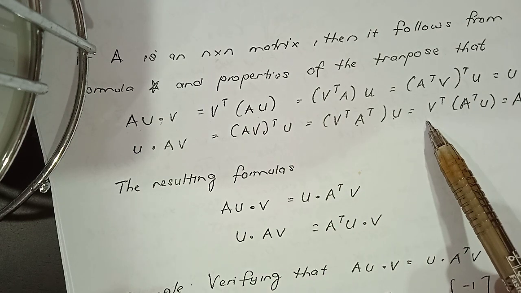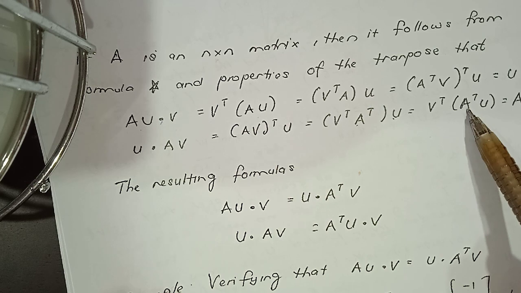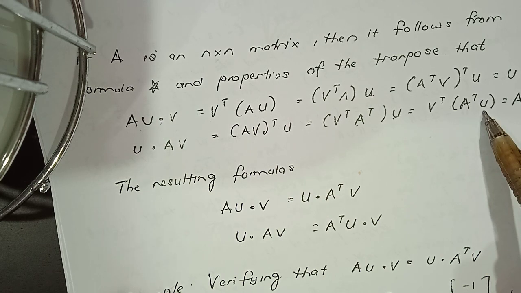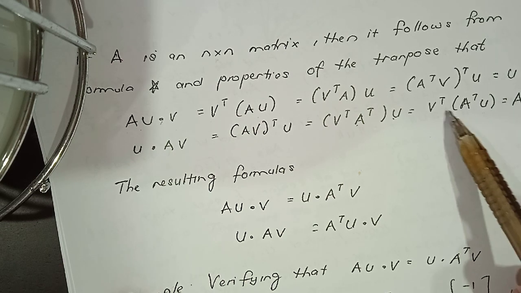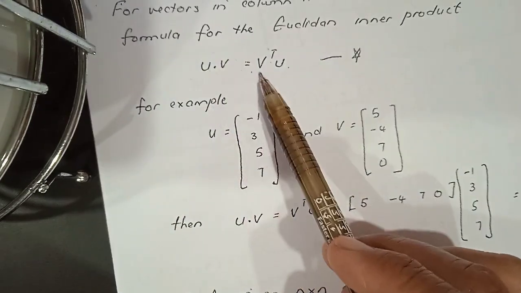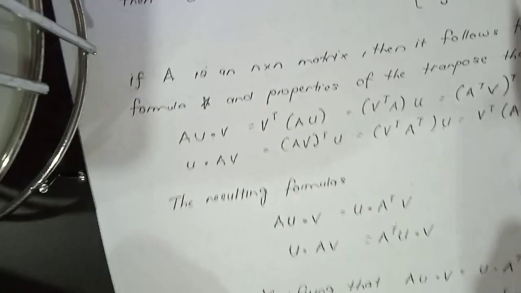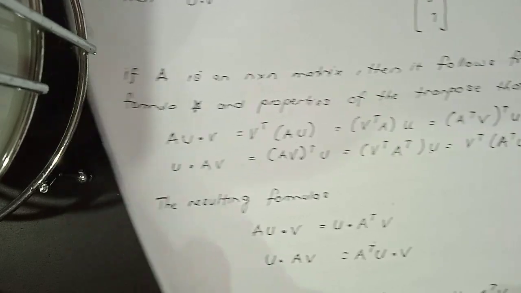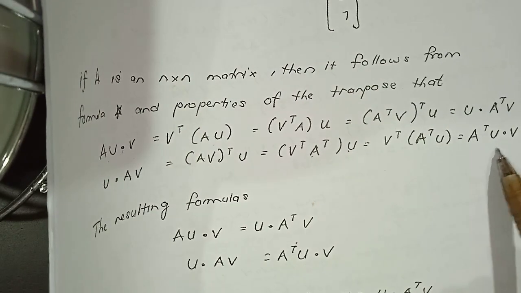So this is the same as A transpose u, the second vector, dot product with the first vector, going back this way. So we have this one.